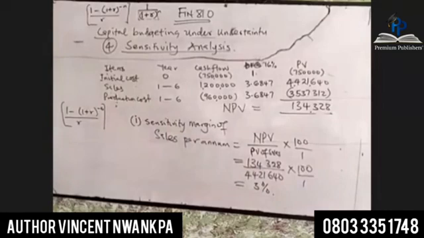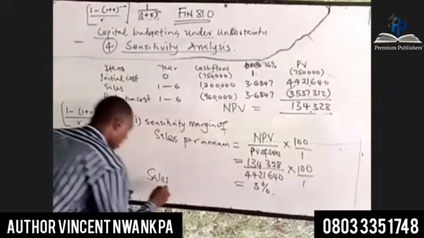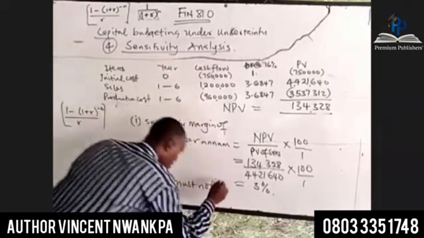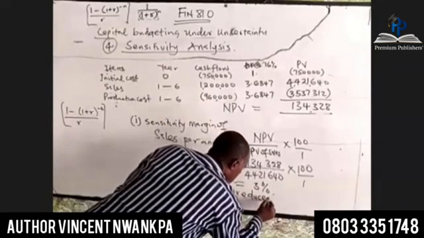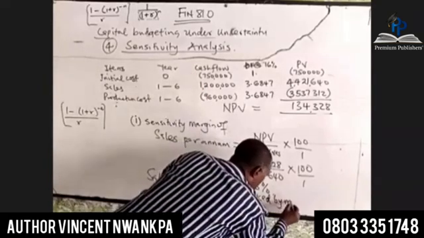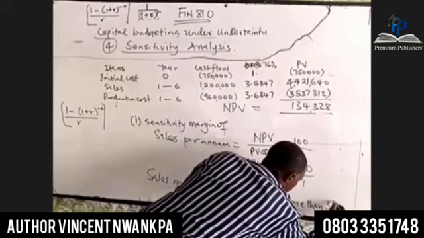Just 3%. So what it simply means is that our sales must not be reduced by more than 3%.